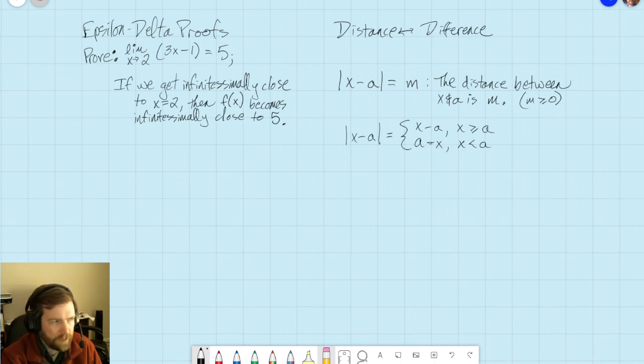Or we can shift that around if we want to make the thing you're probably more used to, negative parentheses x minus a. So we can replace a minus x with a negative parentheses x minus a if we feel like it.